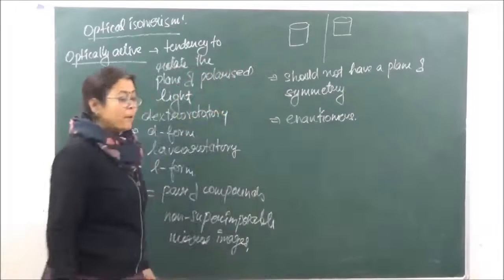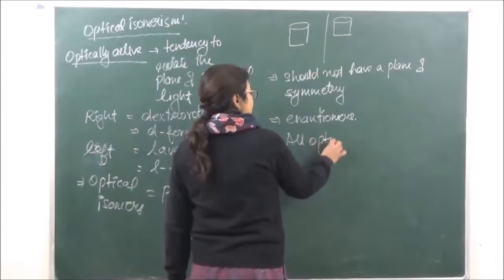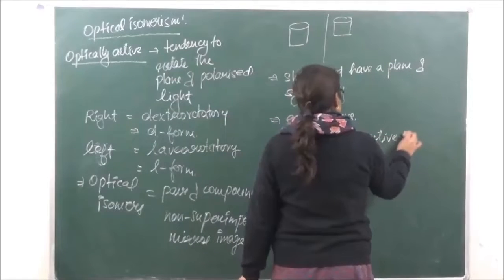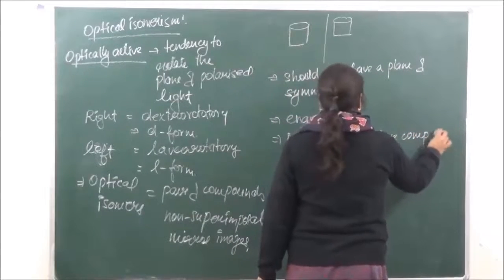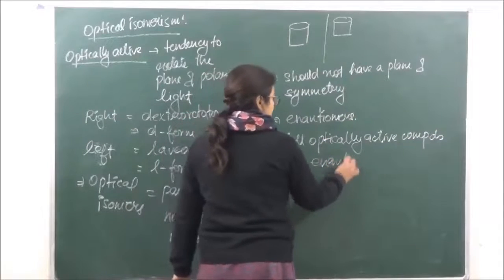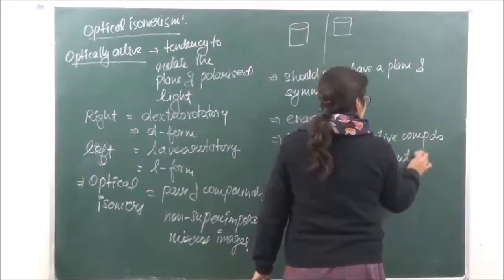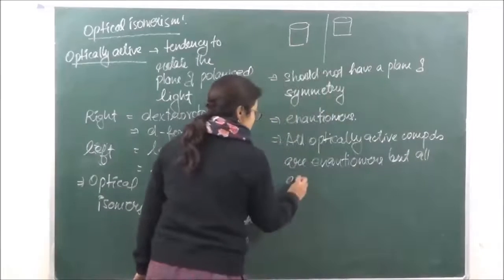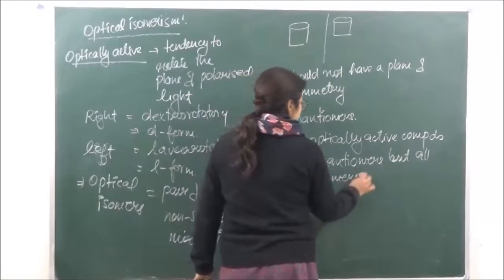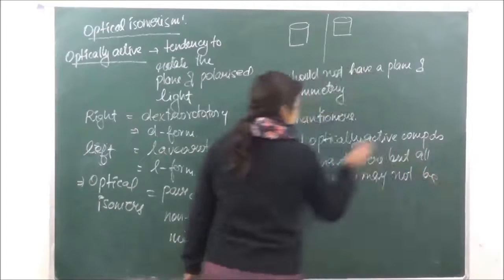But remember, all optically active compounds are enantiomers, but all enantiomers may not be optically active.